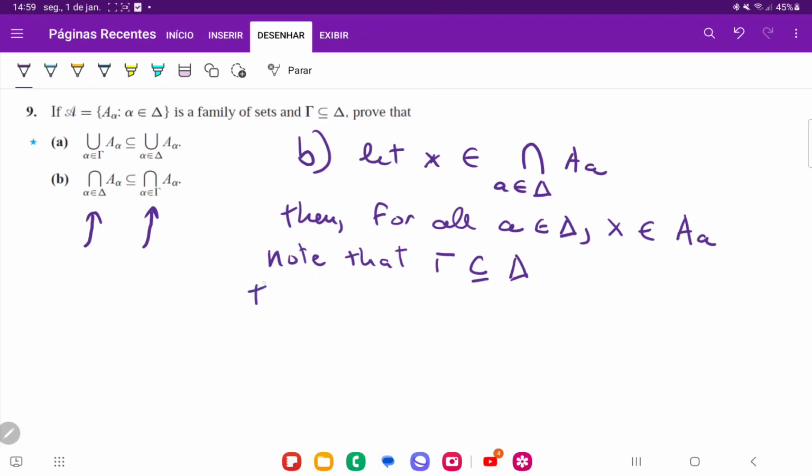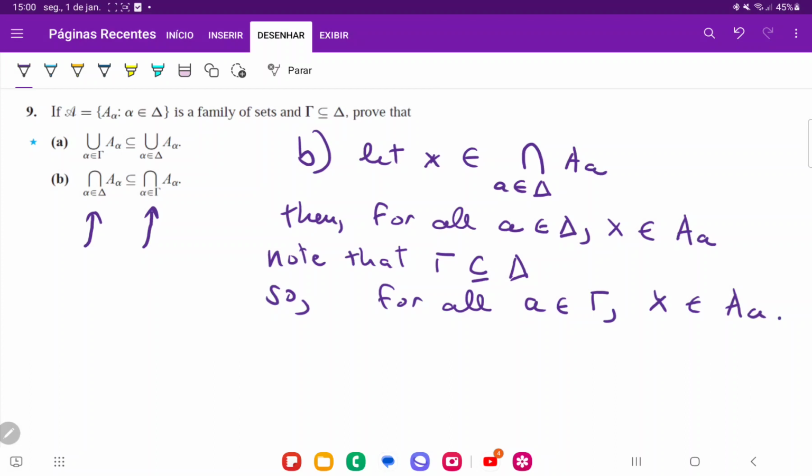So, since for every element in delta, X belongs to the set indexed by it, then the natural conclusion is that for all A belonging to gamma, X belongs to A sub A, right?